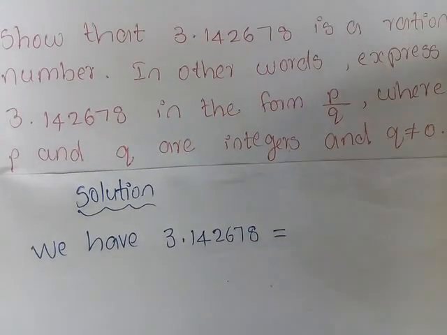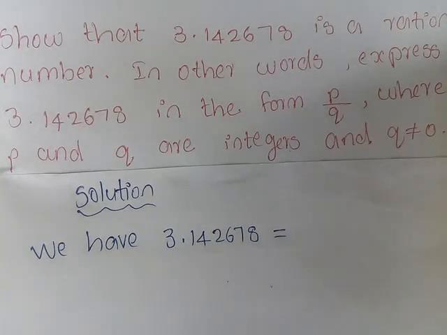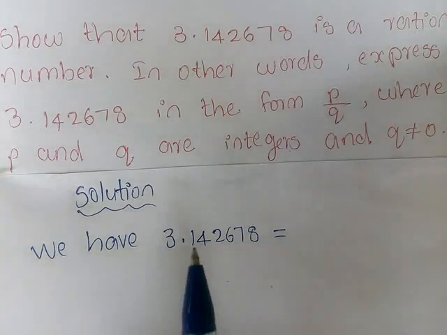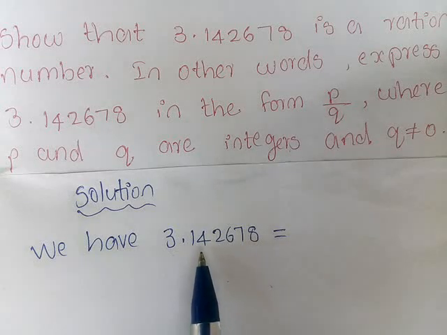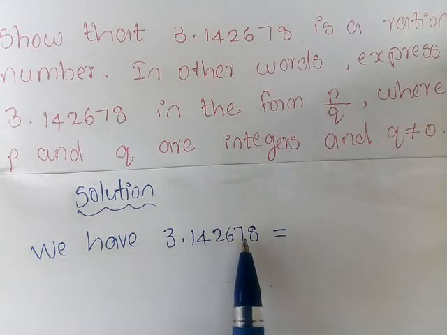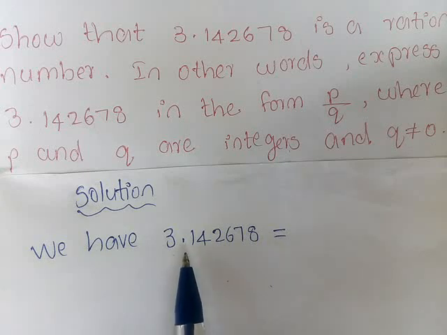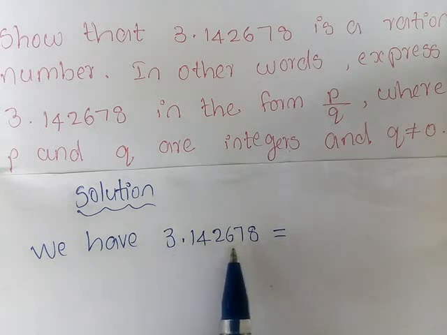We have 3.142678. Here after the decimal point there are 6 digits: 1, 2, 3, 4, 5, 6. So for avoiding the decimal point, we need to divide this number by 10 lakh.